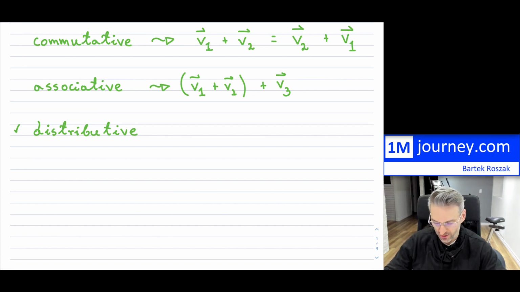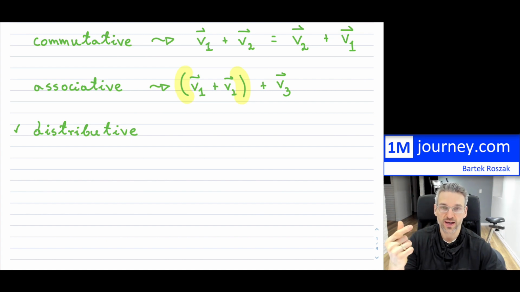Well, it turns out that the associative property means that you do not have to add your first two vectors and then add your third vector to that resultant, because notice V1 plus V2 will give you one vector as a result, and then you can add V3.